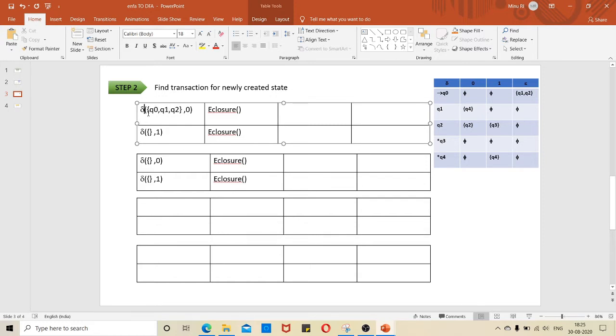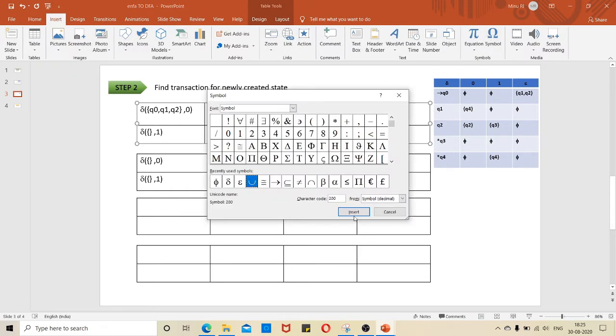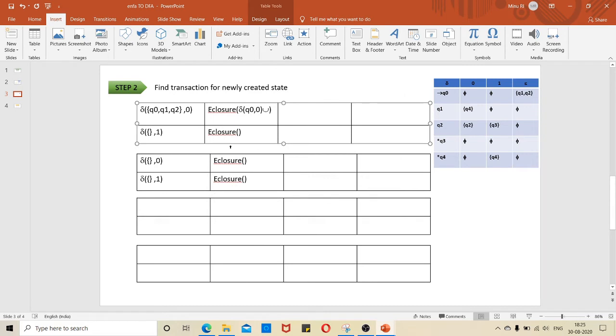So delta cap of Q0, Q1, Q2 would be the epsilon closure of the union of delta of Q0 with 0, delta of Q1 with 0, and delta of Q2 with 0.